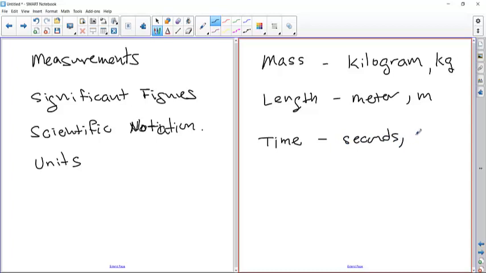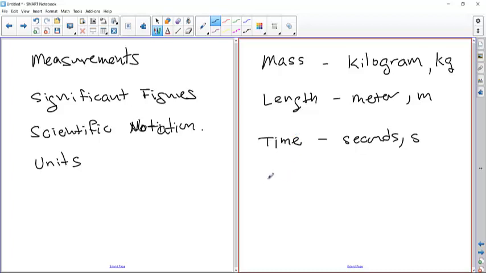And we just use an s for that. So those are the basic units. In the second semester we'll be dealing with electrical charge, which is coulombs. But even coulombs nowadays, you can work back to these three main units.